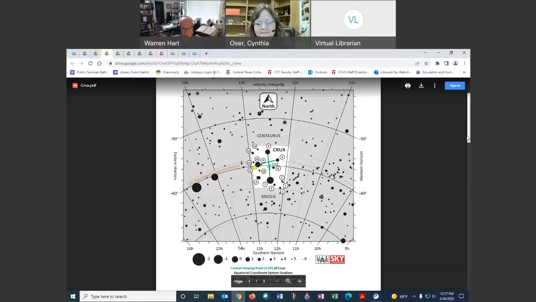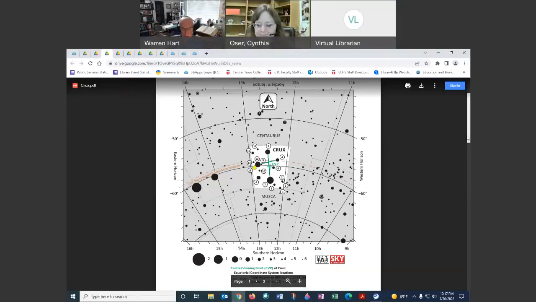You cannot see the rest unless you went south, down to the southern part of Texas or on down into Mexico, and then you would be able to see what's further down there. If you don't ever leave from where we are at the planetarium, this latitude, this horizon, you will never see anything further south than that.